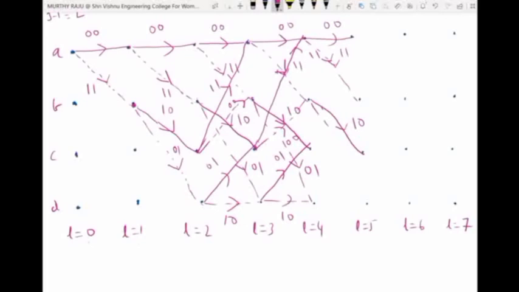Next B to D, 0 1. Consider L is equal to 4.